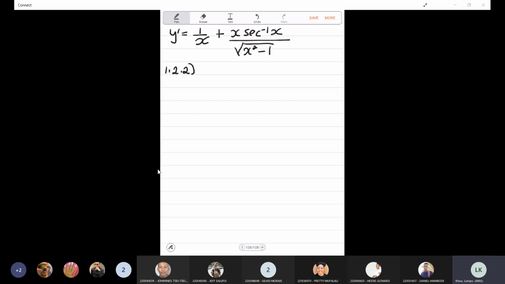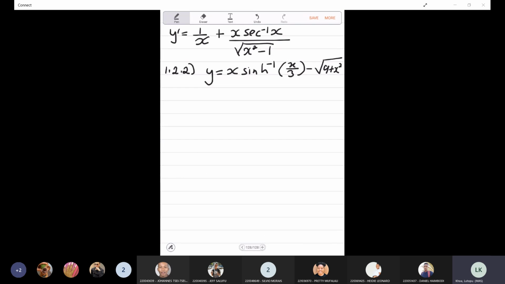1.2.2. We have to work out the derivative of this function. Y is equal to x times hyperbolic sine inverse of x over 3 minus the square root of 9 plus x squared.